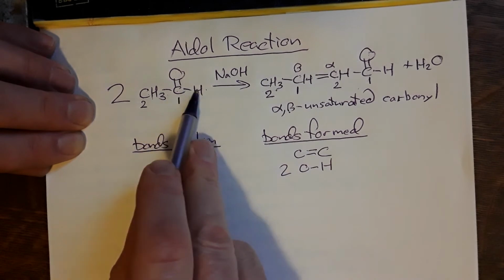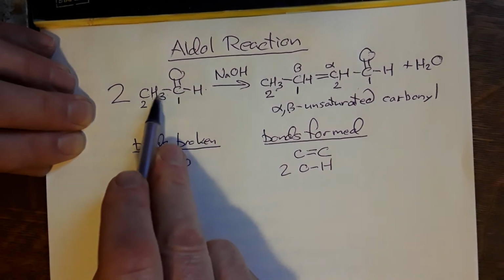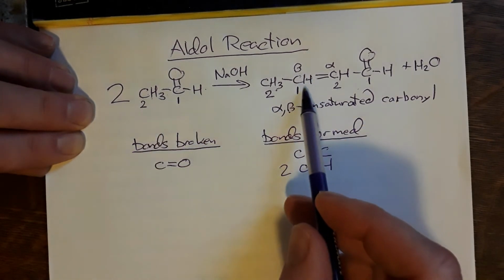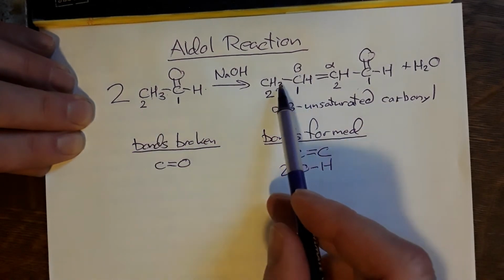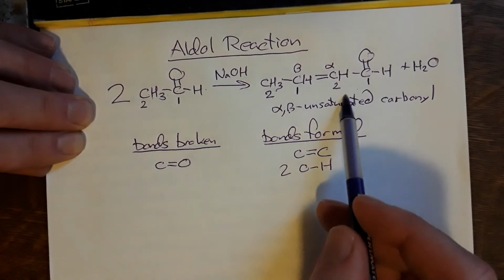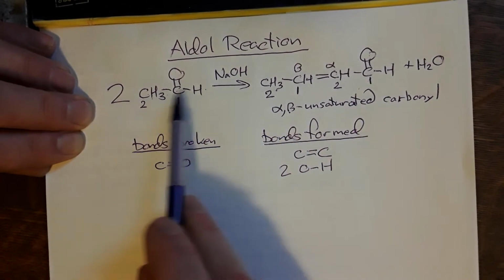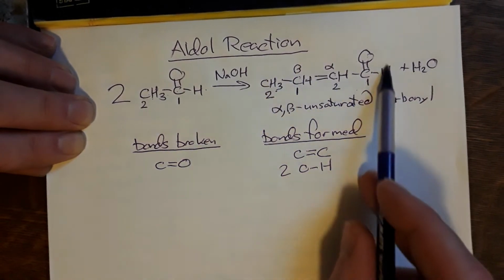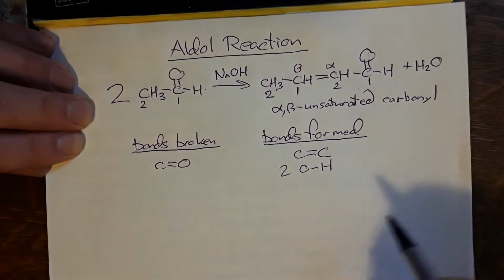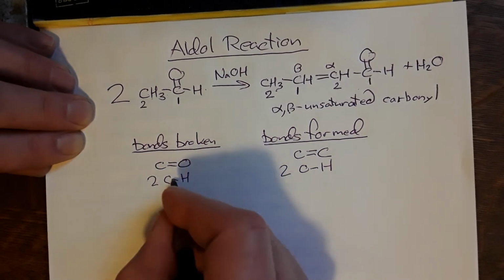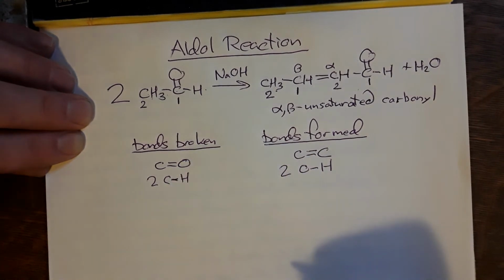We have 1, 2, 3, 4 CH bonds here, and we said we had a total of 1, 2, 3, 4, 5, 6 CH bonds in the product. So we had 2 of these molecules, which is 8 CH bonds, and now we are down to only 6 CH bonds. So we're breaking 2 CH bonds in the reaction as well.